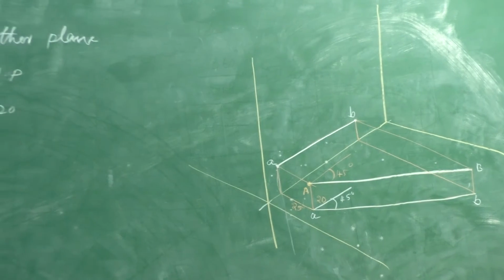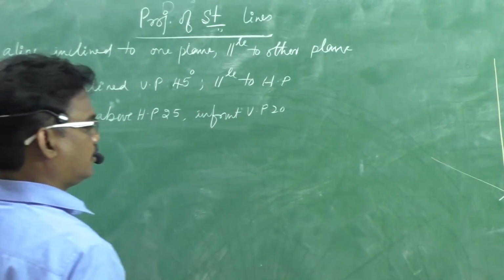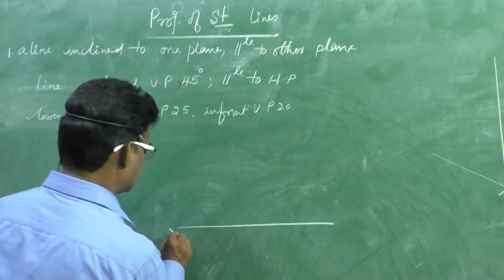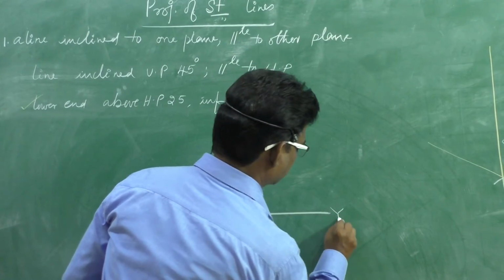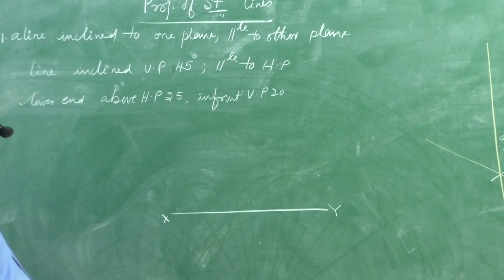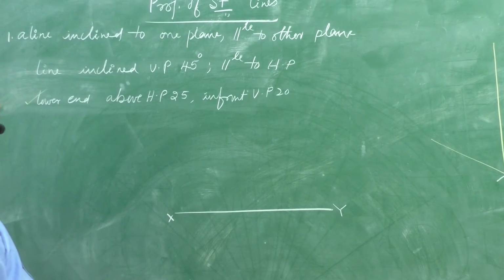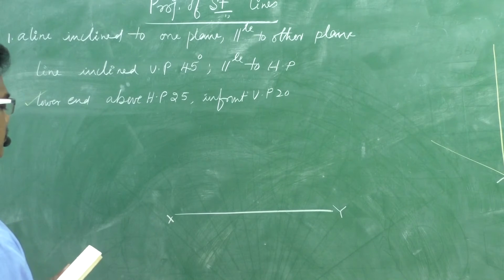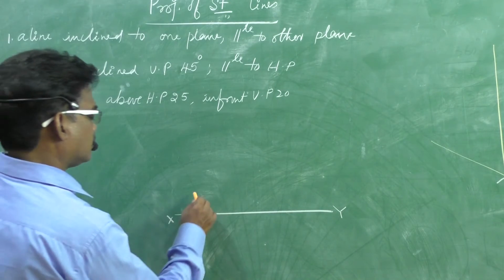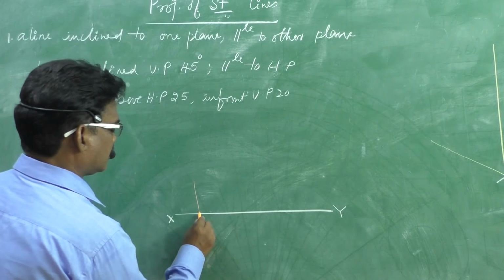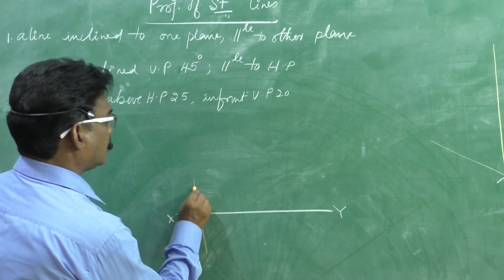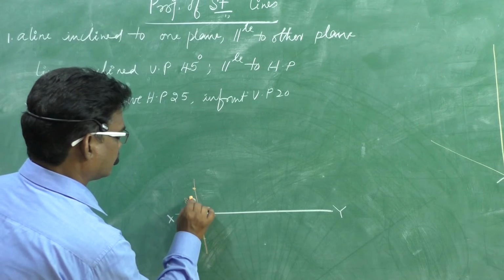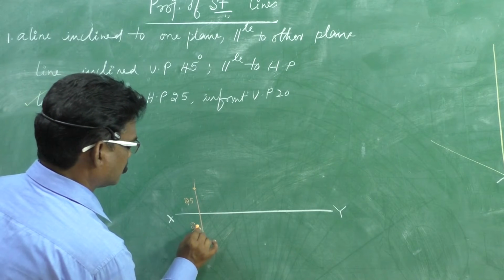Now come to the drawing on the drawing sheet. It is very simple to draw. First draw the XY reference line and locate the position of the fixed point: above HP 25 mm and in front of VP 20 mm. This is 25 and this is 20.